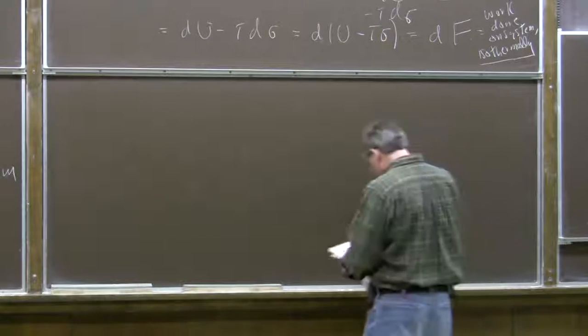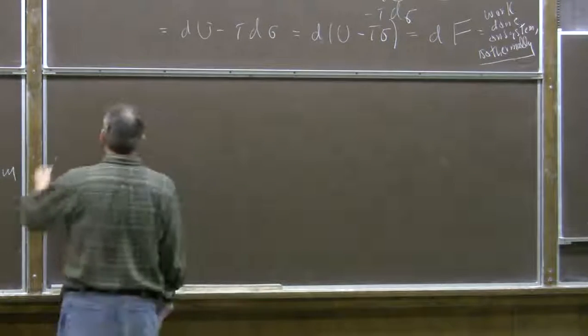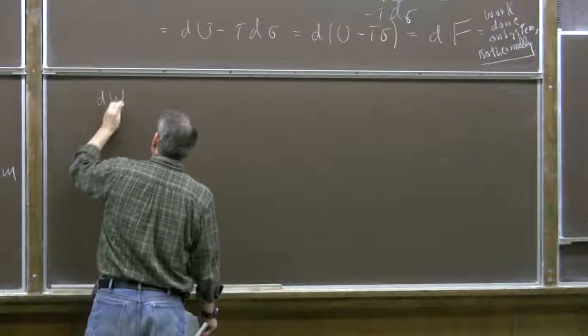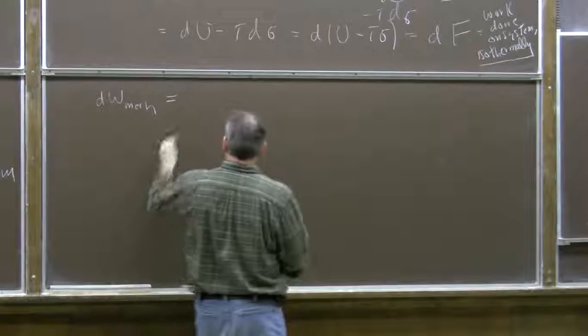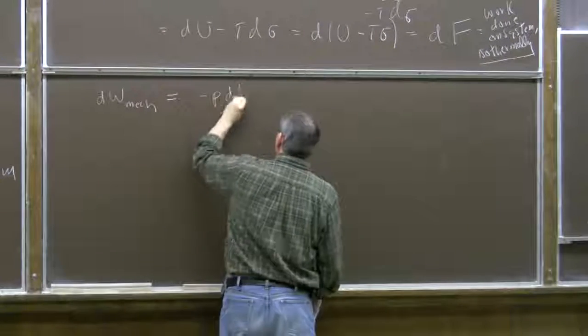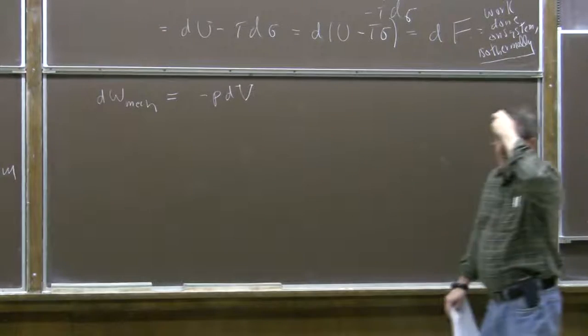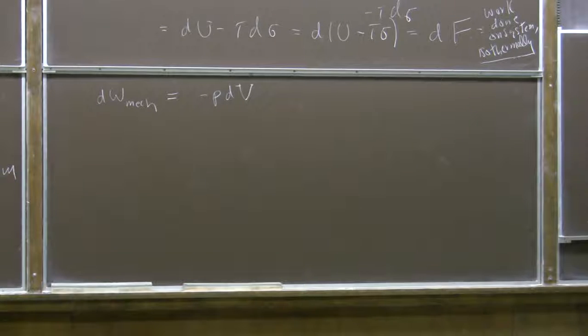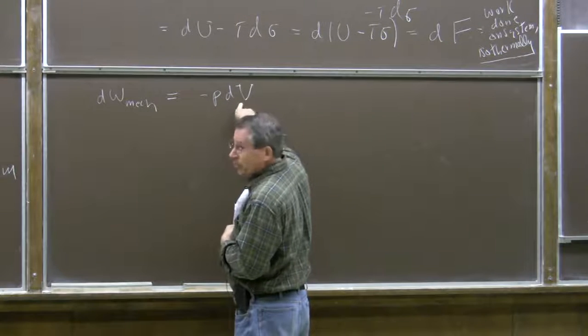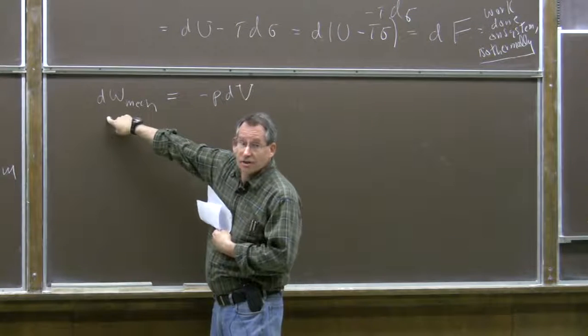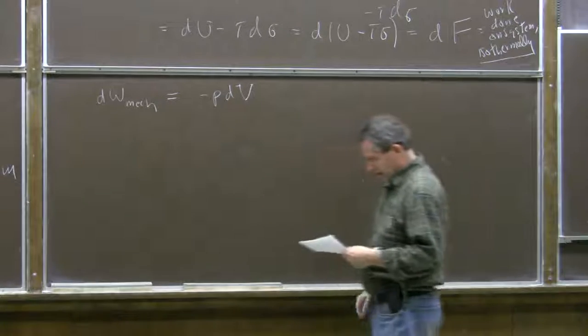So now if you want to consider mechanical equilibrium as well, there's some work, which I'll call the mechanical work, resulting from its change in volume, minus p dV. V is the volume of the system. So when the volume goes down, we compress the system, then the work done on the system, the mechanical work, is positive.